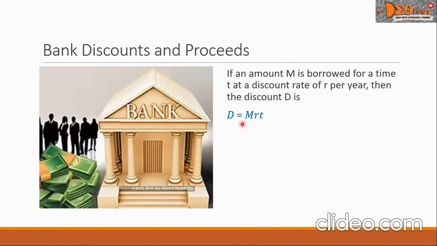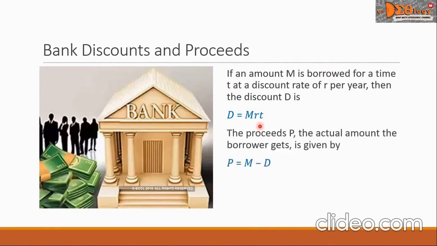D equals capital M times R times T. The proceeds P, the actual amount the borrower gets, is given by this formula. Proceeds P equals M, that is the loan amount, minus D, that stands for discount.